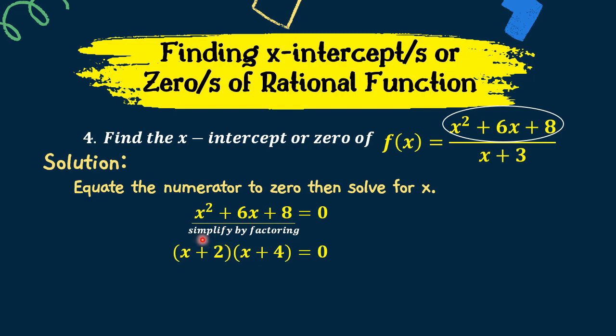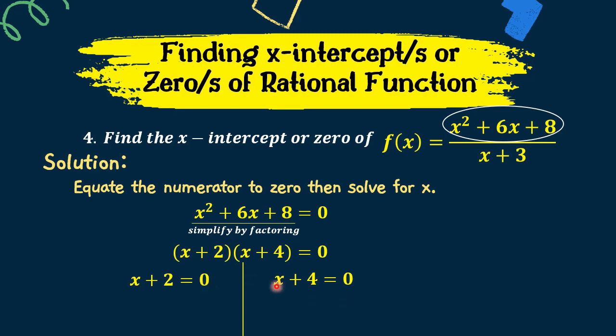Since we have here a quadratic polynomial with the exponent of 2, meaning we have 2 values of x, so we have 2 x-intercepts. So how do we find the x-intercepts of the quadratic polynomial? First, we have to equate each factor to 0. So we have here x + 2 = 0 and x + 4 = 0. Then solve for x.